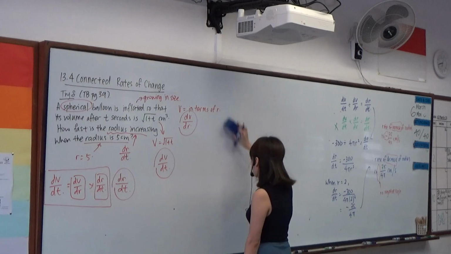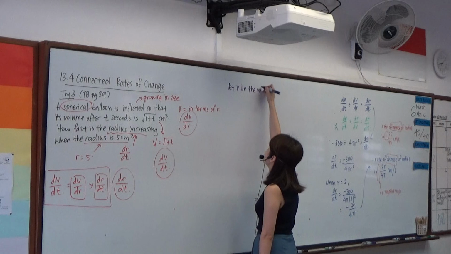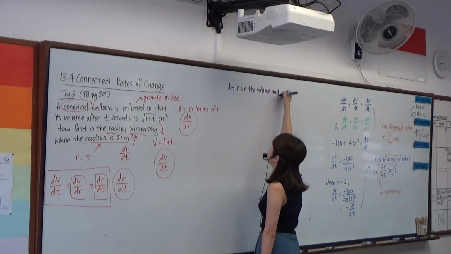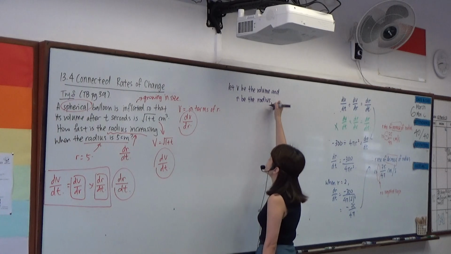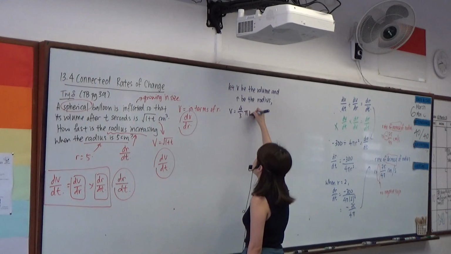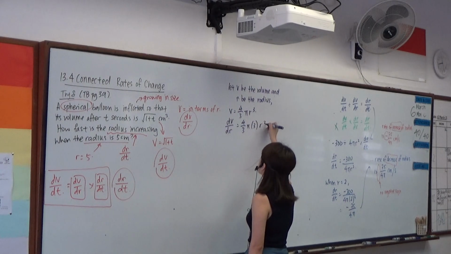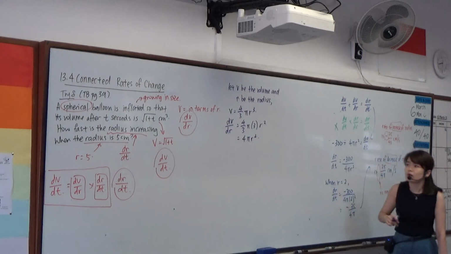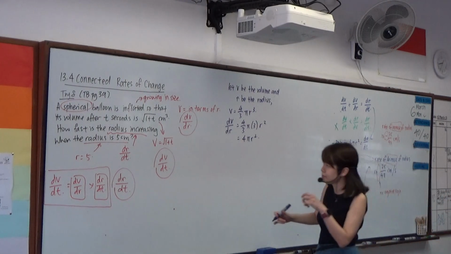I forgot to define the variables. So we have dv over dr, which is 4 pi r squared.